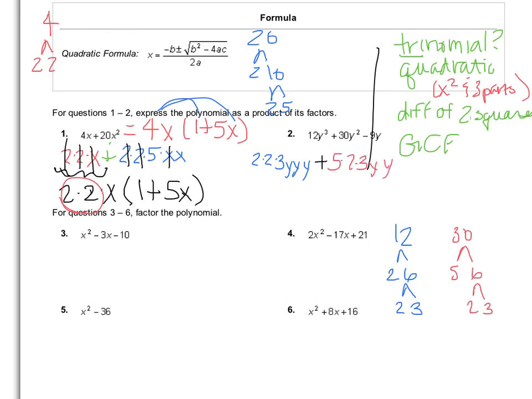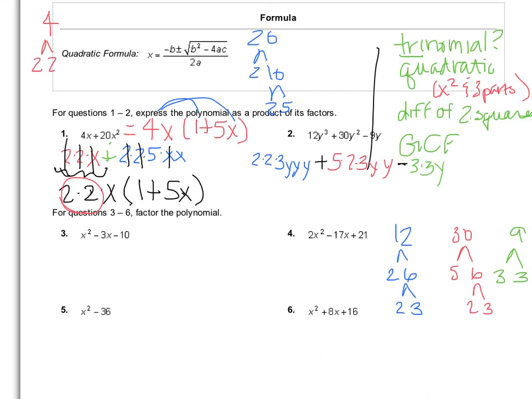And then I have 9. Let me go ahead and write the sign down, minus. And then 9, well, if I factored 9, it'd just be 3 and 3. So 3 times 3, and then y.